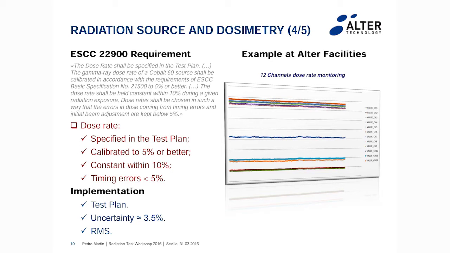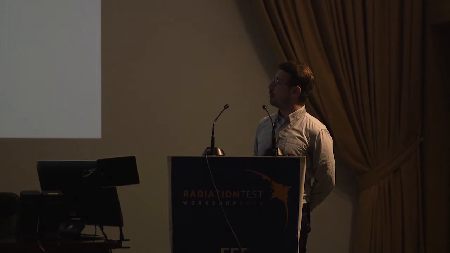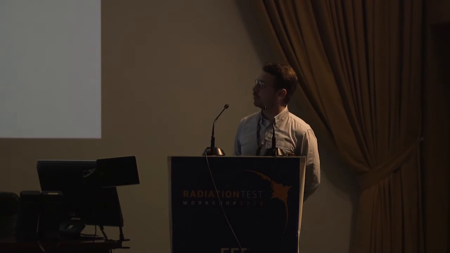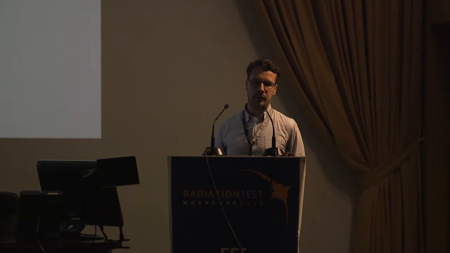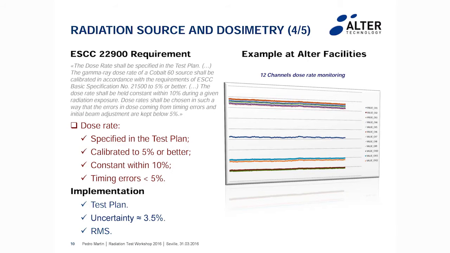The dose rate is critical in this radiation test, of course, because it allows us to calculate the dose that is achieved by the components submitted to radiation test. This dose rate has to be calibrated to better than 5%, and what is very important is that it has to be constant within 10%.